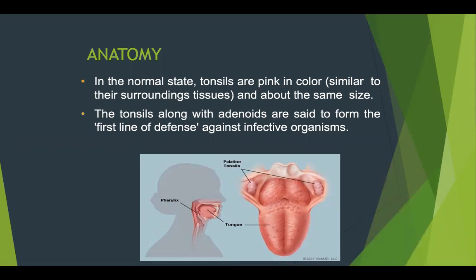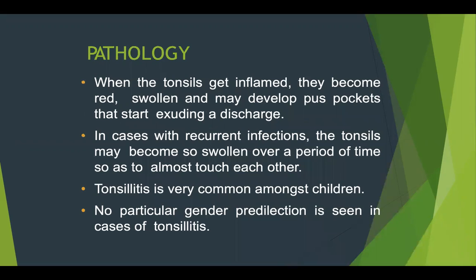The tonsils, along with the adenoids, are said to form the first line of defense against infective organisms. Pathology: when the tonsils get inflamed, they become red, swollen, and may develop pus pockets that exude a discharge.